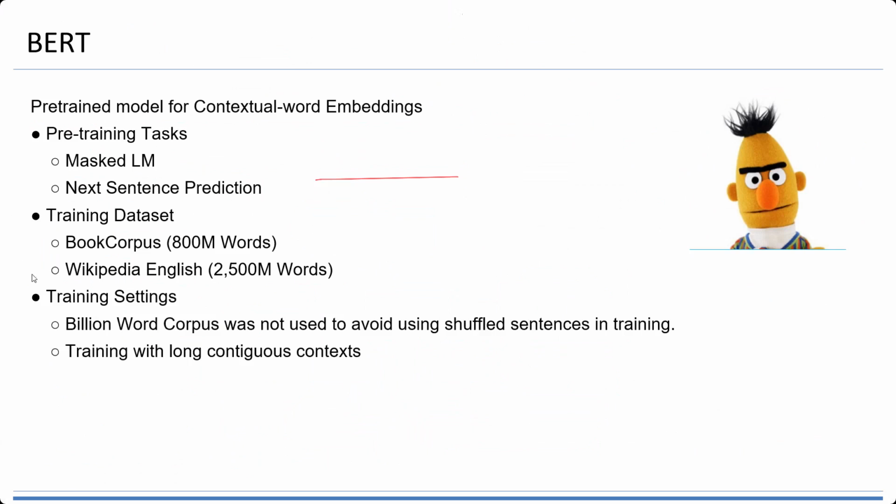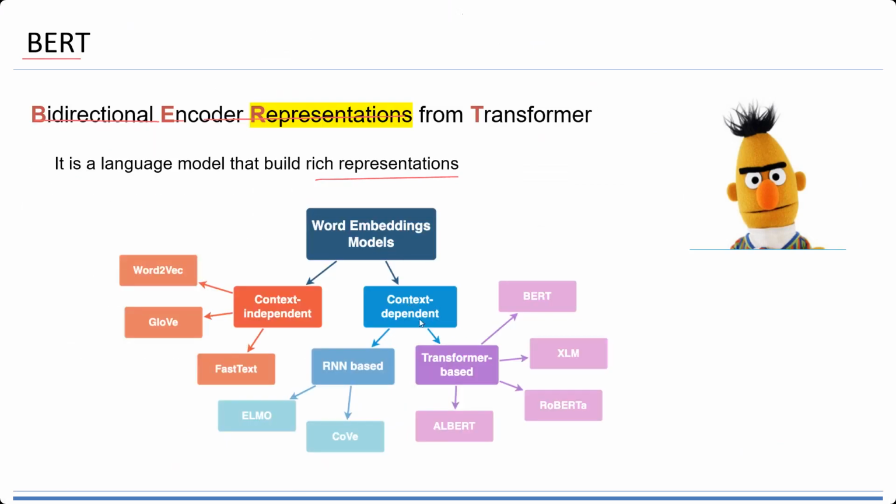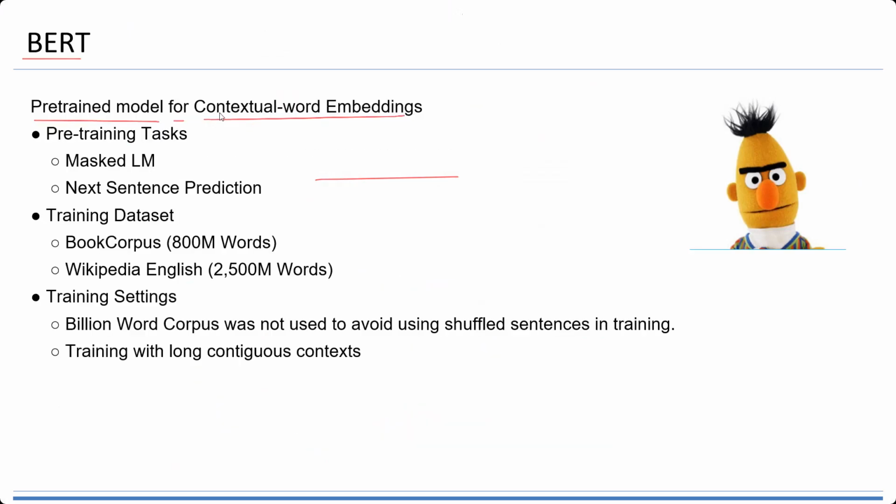So at the formal definition, we call BERT a pre-trained model for contextual word embedding. If you look at this, it is context dependent. That's why we call it contextual word embedding.